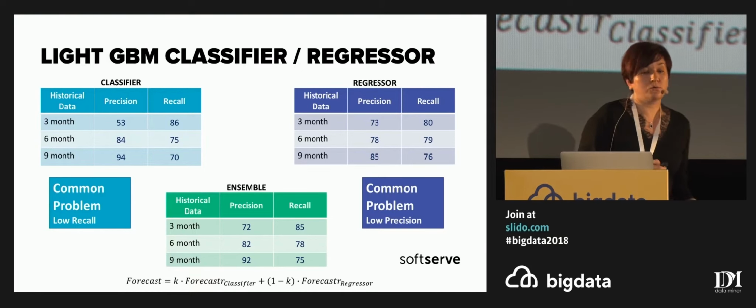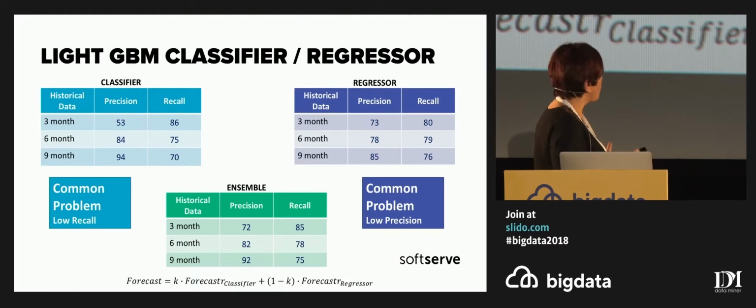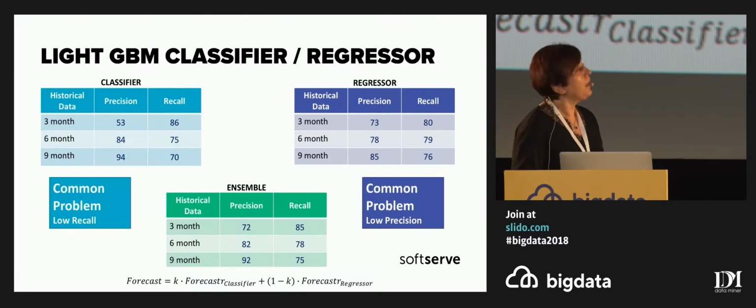So we tried to combine these models into an ensemble and assess the final score as a weighted average of the scores from the classifier and regressor. And here is the result of this attempt. In all cases, we got a result much better than with the single classifier or single regressor.